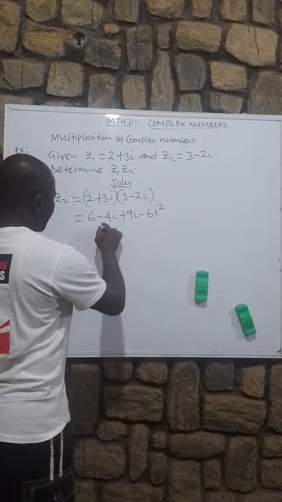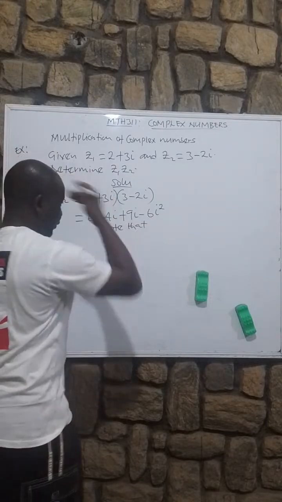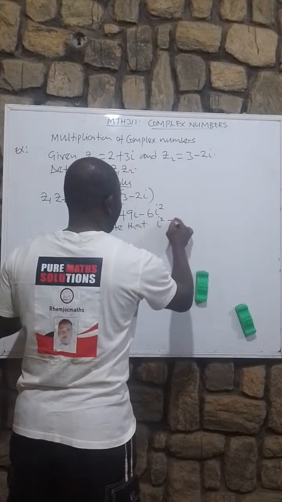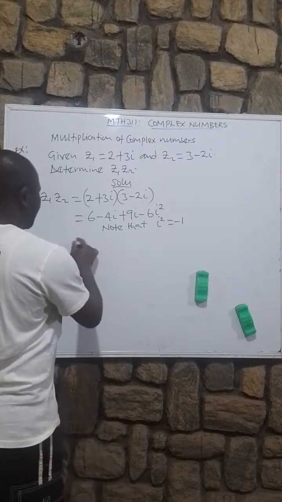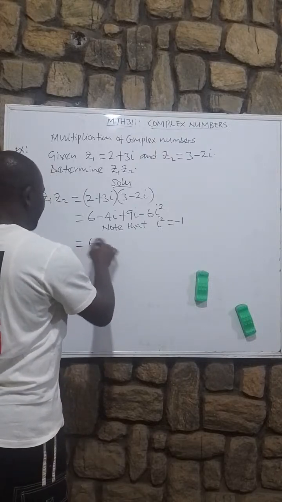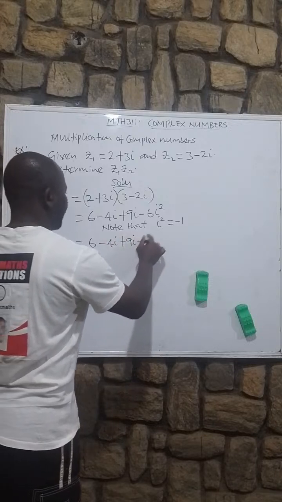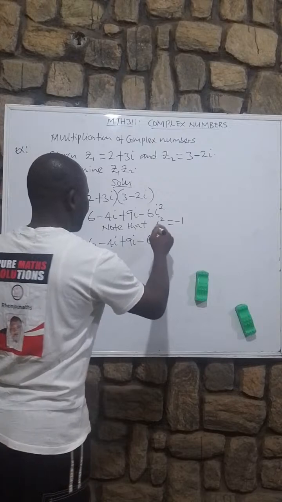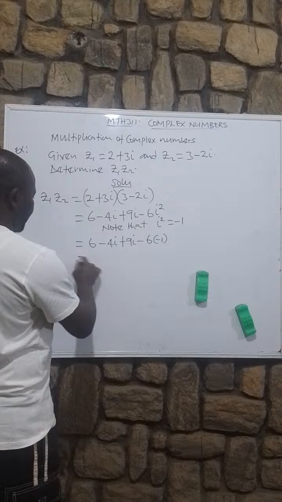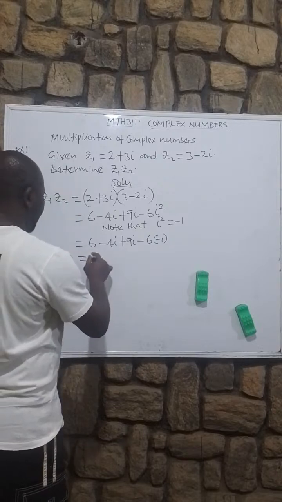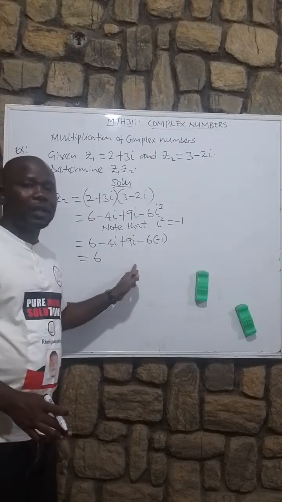So this is equal to, okay, note that i squared is equal to minus 1. True or false? So far so good. This is 6 minus 4i plus 9i minus 6 open bracket minus 1, right? Okay, so as you can see, this is 6 minus 4i plus 9i.